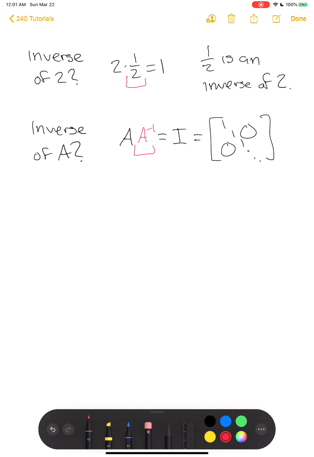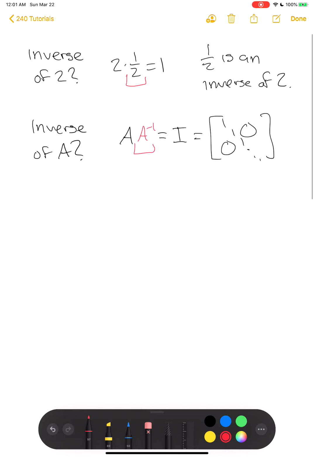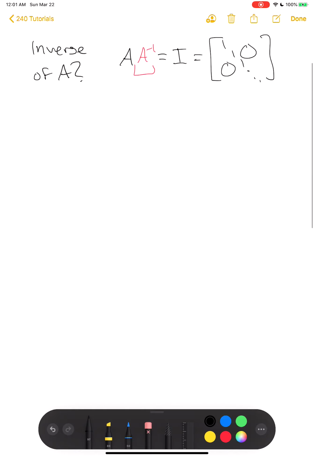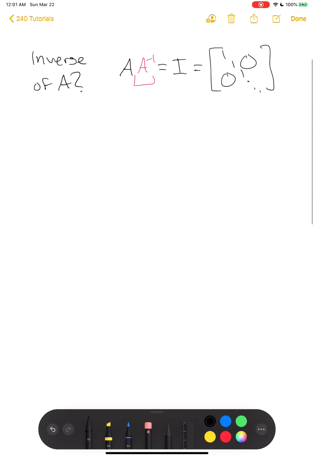And there's a very specific process by which you find A inverse, but I want to talk about why we care about it in the first place. One of the main reasons we care is because it has the potential to make our lives a little easier. So let's take an example for a problem you might have had in your past. You might have e to the x is equal to 2. How do you solve this type of problem?